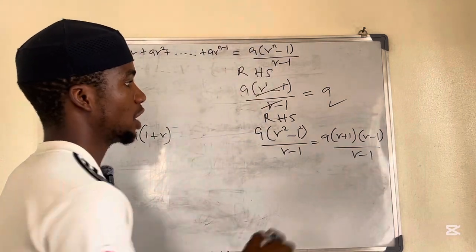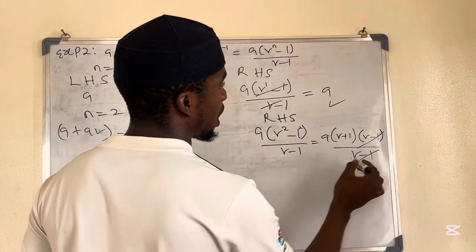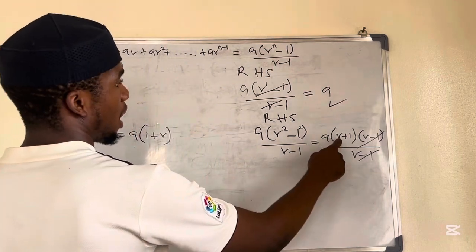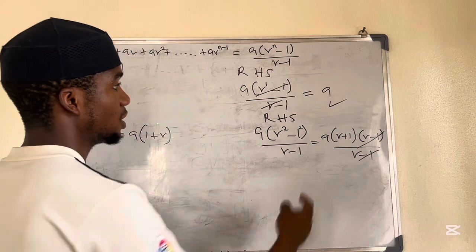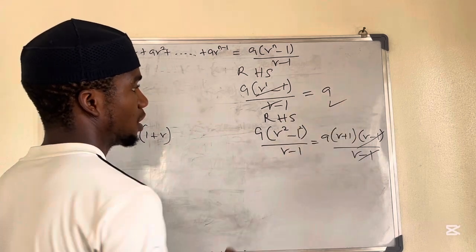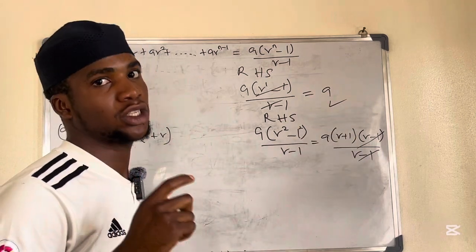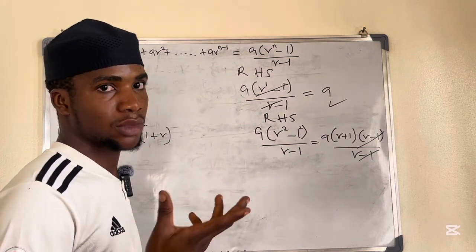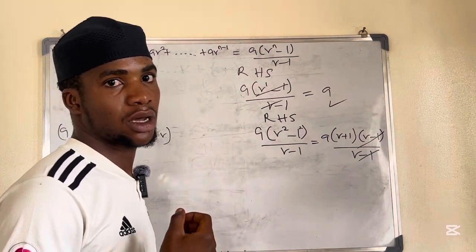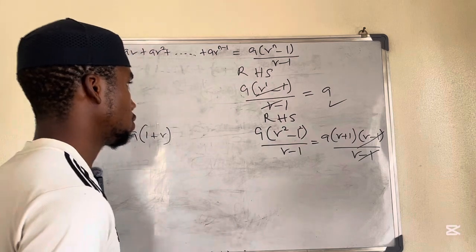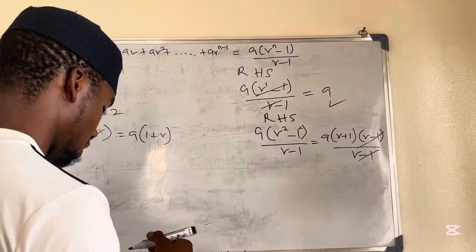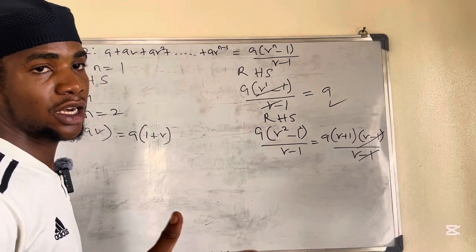So that r minus 1 will cancel r minus 1, and we're left with a into r plus 1, which is the same thing as saying a into 1 plus r. They are commutative. So whichever way you flip it, it's still the same thing since it's addition. So we've proven that n equals 2 is correct for the left hand side as well as the right hand side.